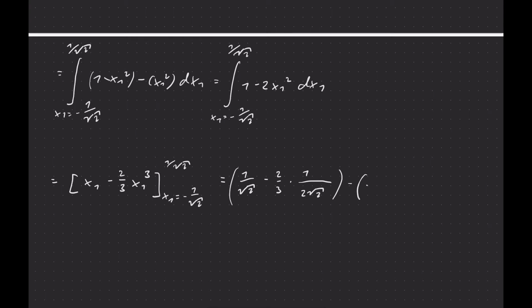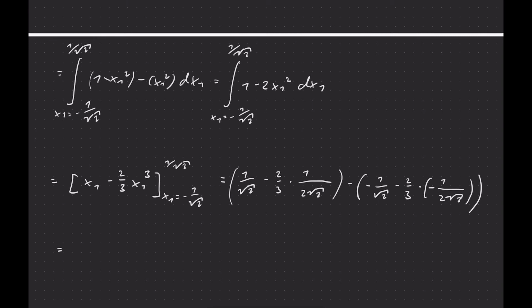So that's minus 1 over square root of 2 minus 2/3 times, and then we have minus 1 over square root of 2 to the third. So that's again a minus 1 over 2 square root of 2.